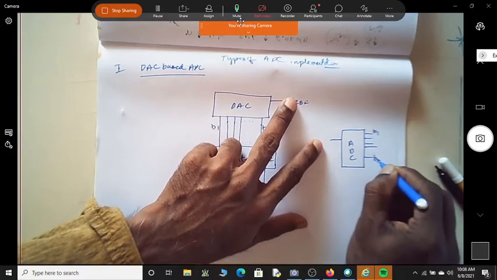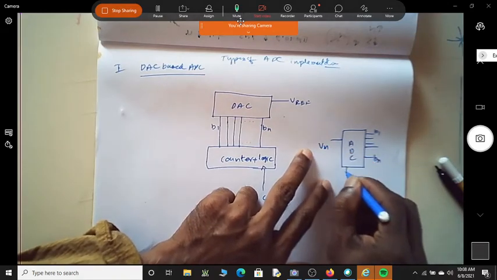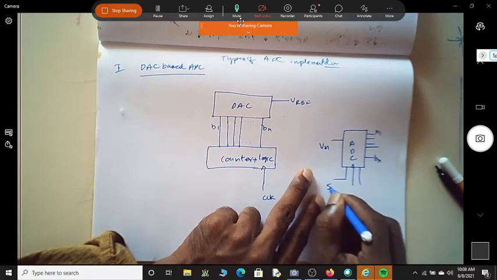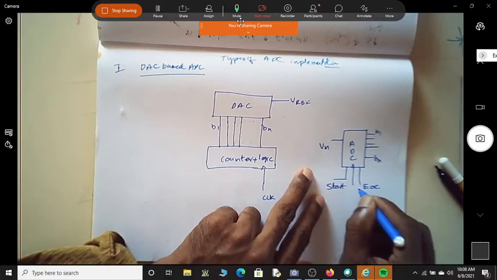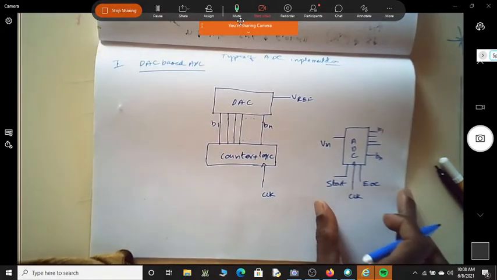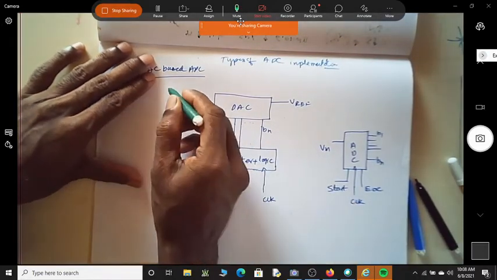B1 to Bn is your digital output. The inputs are Vin, a start, a clock, and there is an EOC. These are the things required for an ADC. Since we are looking for an ADC here, this is an ADC block diagram.